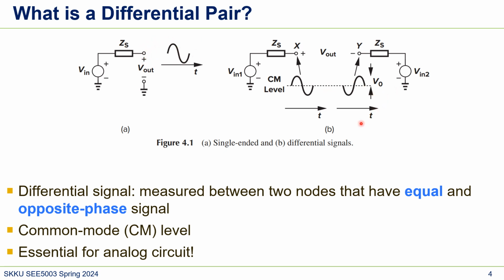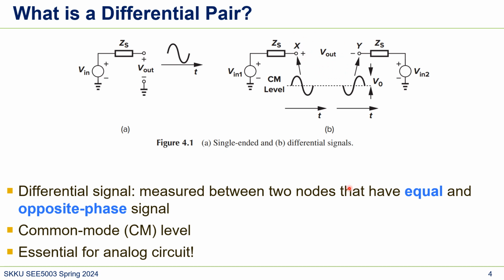But in a differential signal, the output is the voltage between this X node and Y node, and X also has a signal, and Y also has a signal. Unlike here, where Vout is the voltage between this node and ground, so only a single node is moving. In a differential signal, both nodes move.